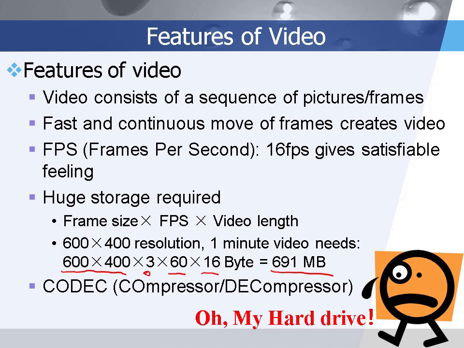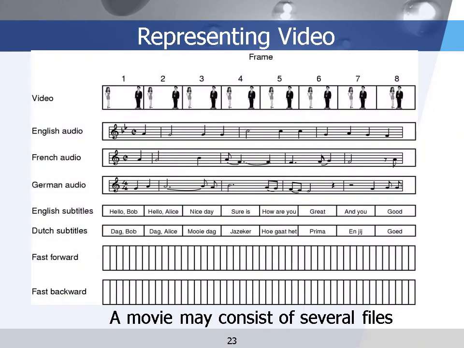We use a compressor to compress the video, and we use a decompressor to recover the video. But a video includes not only images, it also includes audio, sometimes different audio tracks, subtitles, and some keyframes, like for fast forward and fast backward. So it is very necessary to design data compression algorithms to reduce the storage size.